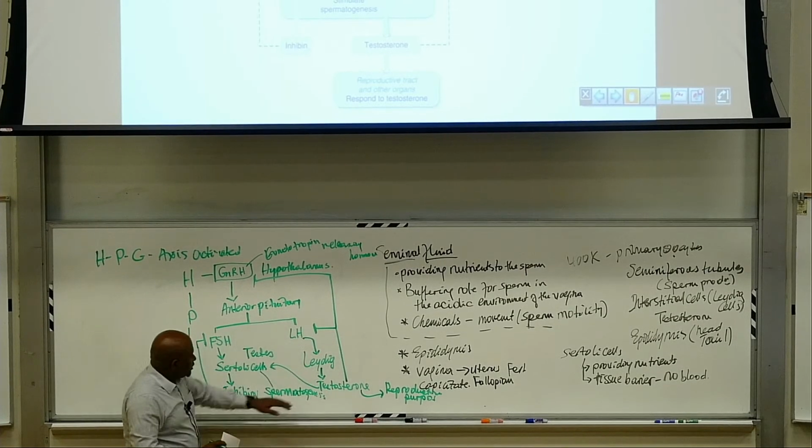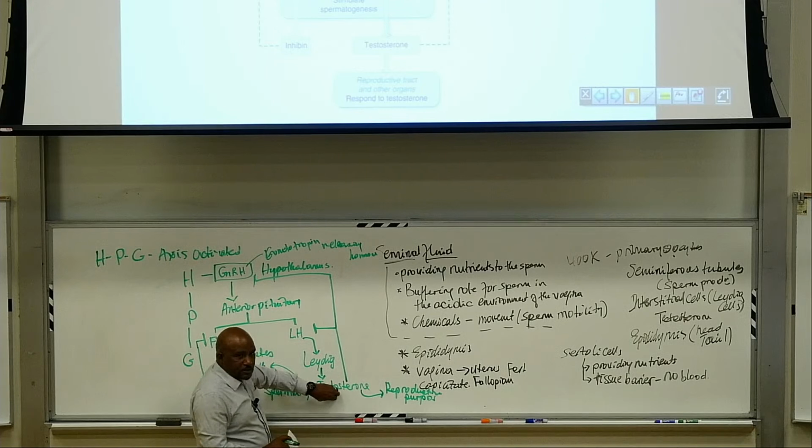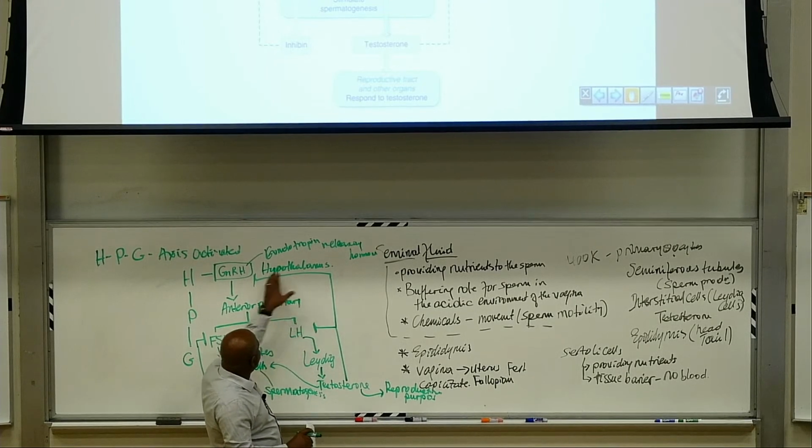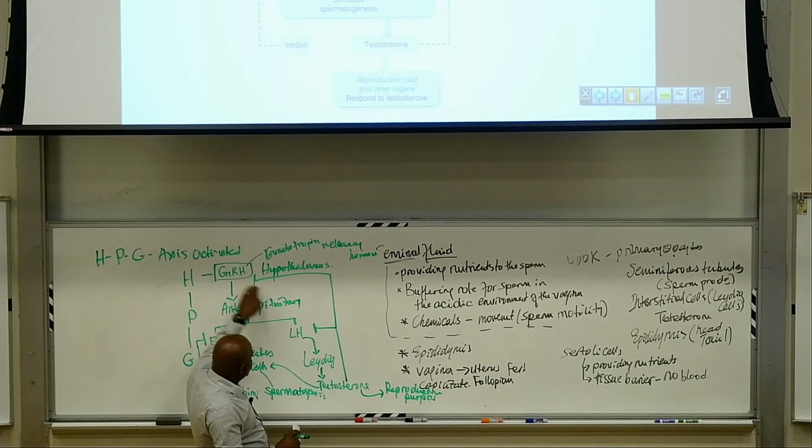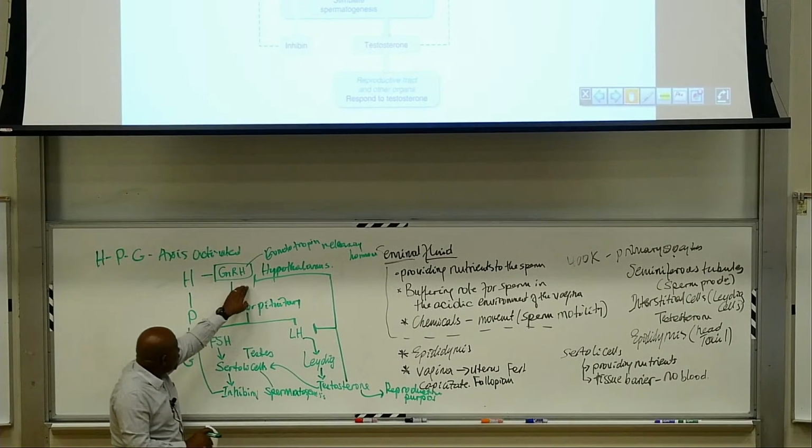So testosterone is regulating most of the processes by having a negative feedback loop directly on the LH, and indirectly through its effect on the GnRH.